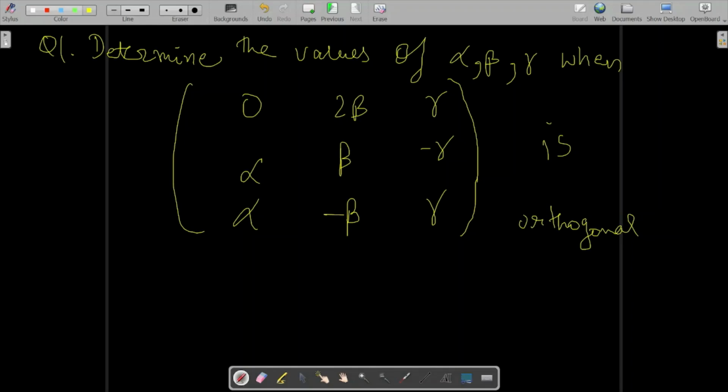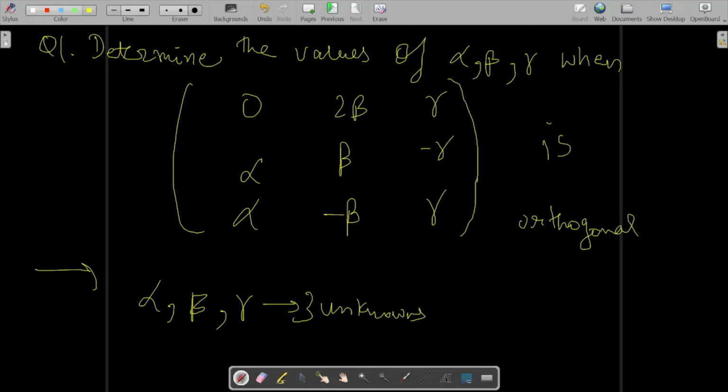Now, how many unknowns are there? The approach should be such that alpha, beta, gamma are your unknowns.